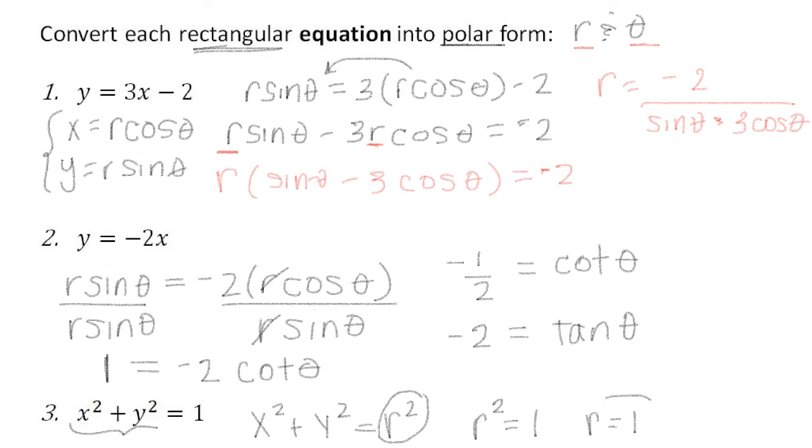So this would be my final answer, just like this up here was the final answer. In number 2, we did not have an r value, so to speak. So in number 3, we don't have a theta value, so to speak. It's just going to be a circle with a radius of 1.